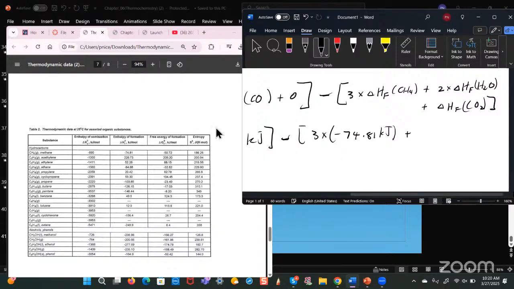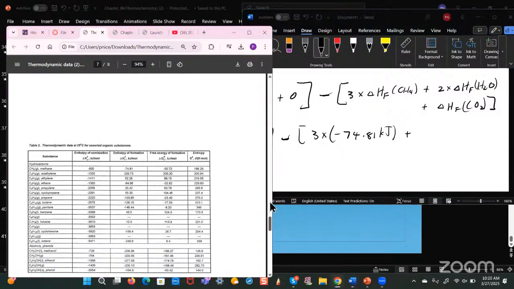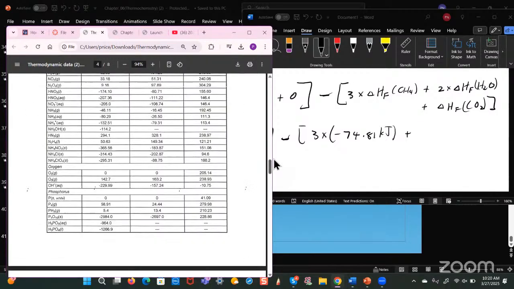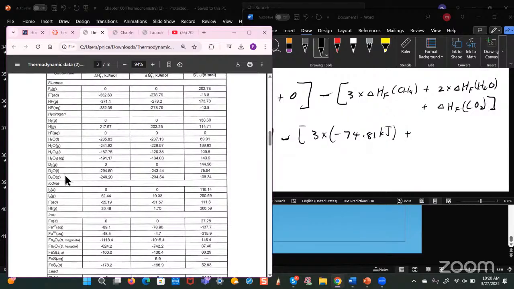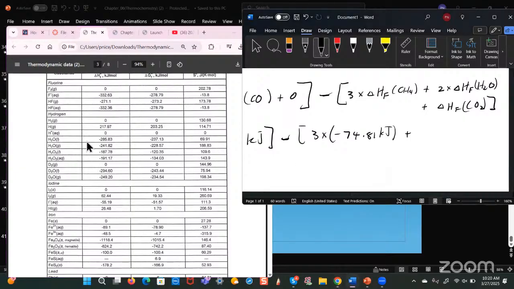Plus, for water, I need to go back up. You have to pay attention to the states. The question says that water is in a liquid state, so that will be this value right here, minus 285.83. So that will be 2 times minus 285.83 kilojoules. And then the last one is carbon dioxide.